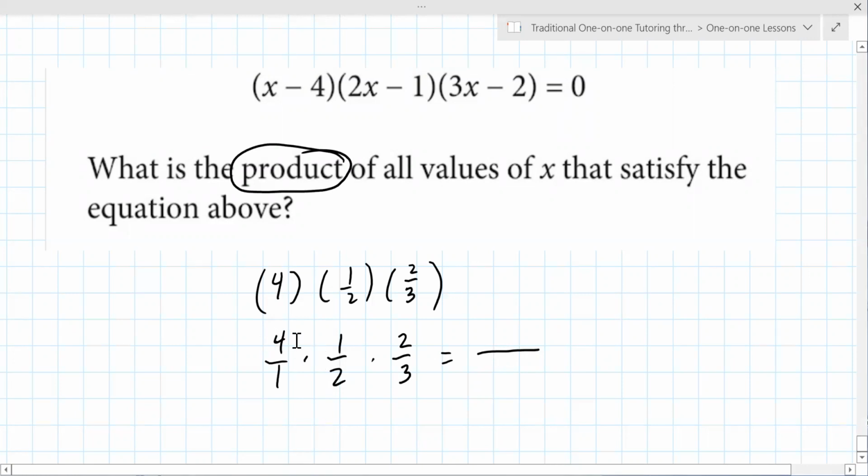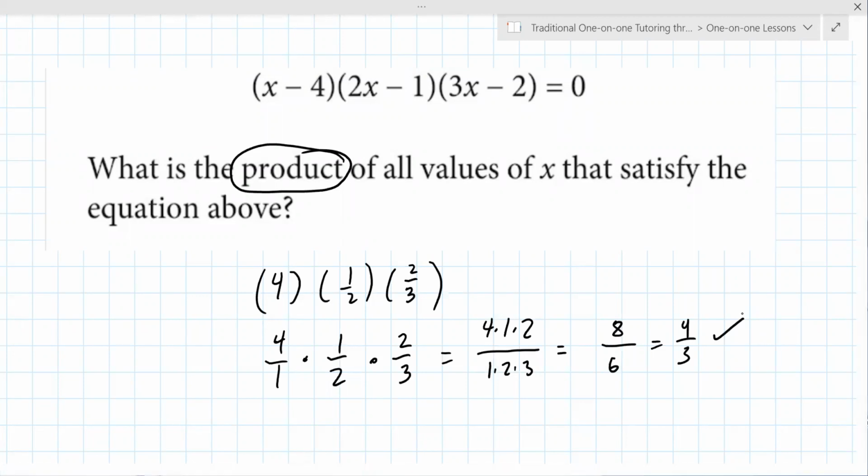The 4 is on the top though. Well, would I have to put the denominator as 4 times 1 times 2? You're multiplying fractions, so you just multiply the tops and multiply the bottoms. Oh, okay. 1 times 2 times 6. 4/3. Yes, and 1.3 repeating, but 4/3 would be the preferred way to enter that.